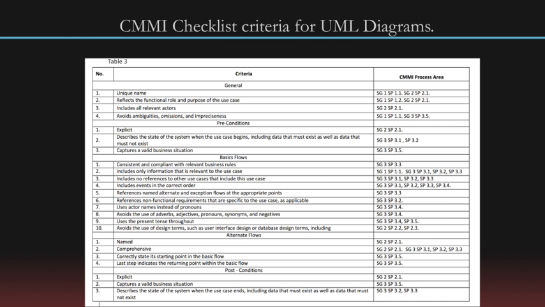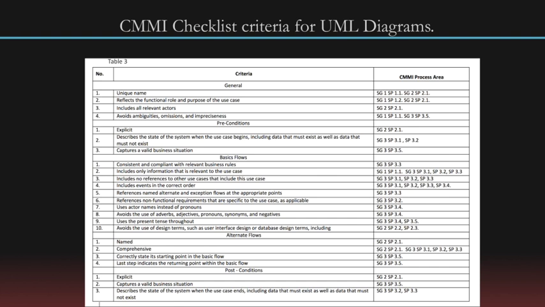Number 1, under the general we have unique name, reflects the functional role and purpose of the use case, includes all relevant actors, avoid ambiguities, omissions, and impreciseness in the UML diagrams.